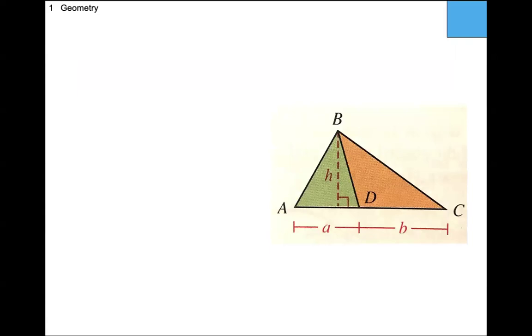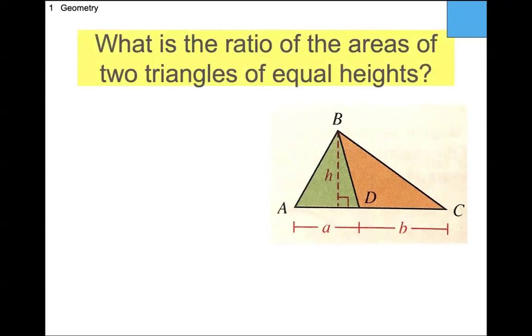Notice it breaks the larger triangle up into a green triangle and an orange triangle. For both of them, if I call the base of the green triangle A, and the base of the orange triangle B, I just want you to notice that both of them share the same height. So this is two triangles who share the same heights.